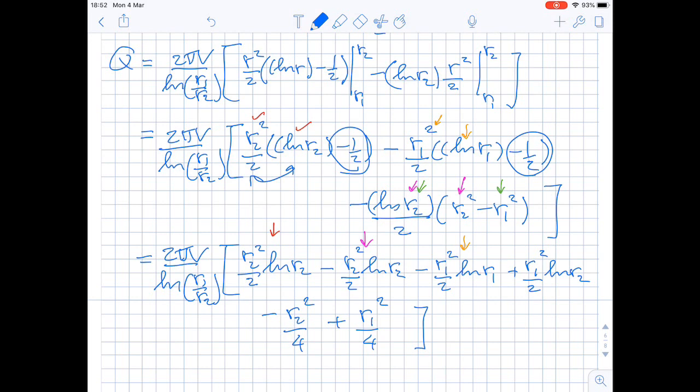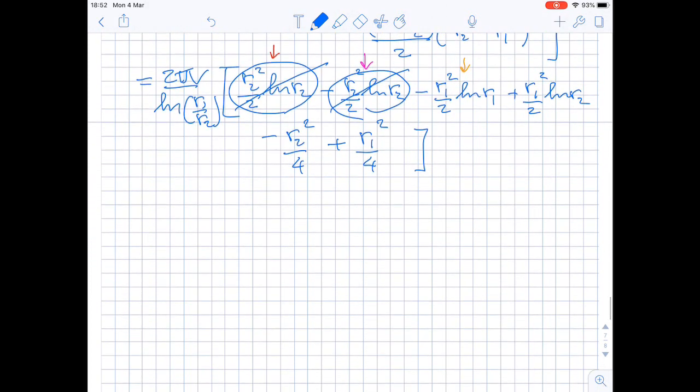So you see that this and that term cancel out. Eventually, I will get this nice and clean: R1 square minus R2 square over 4.